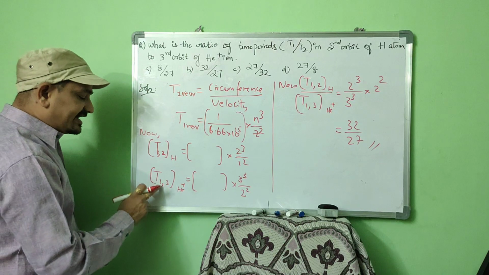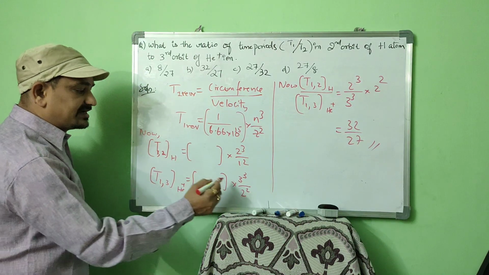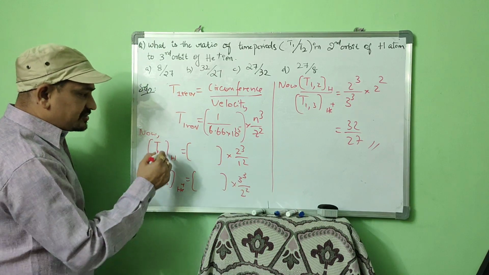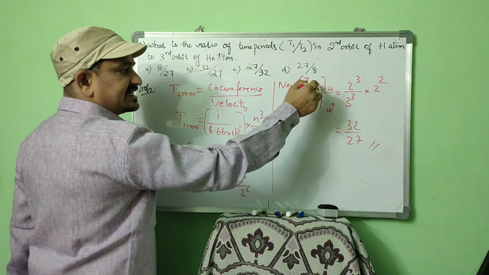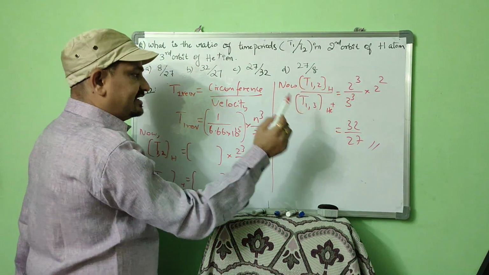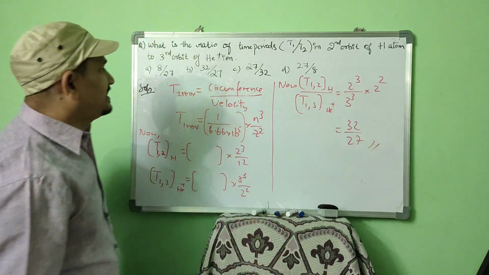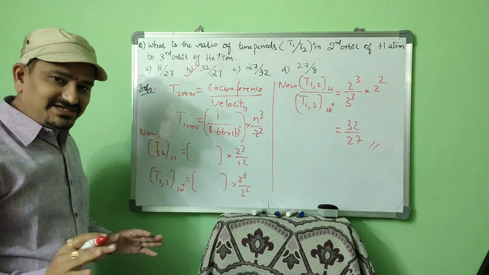Similarly, time taken for one revolution in the third orbit of helium plus, orbit number is 3 and helium's atomic number is 2. Now, on dividing these two times, the ratio for hydrogen's second orbit and helium plus third orbit, we get 32 by 27. So our option is 32 by 27. Right?